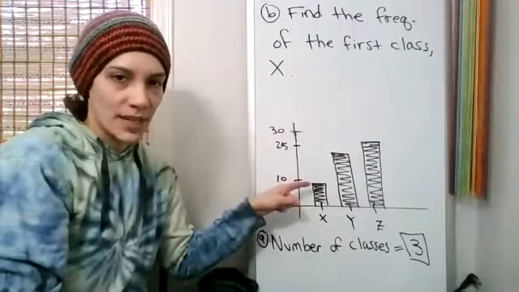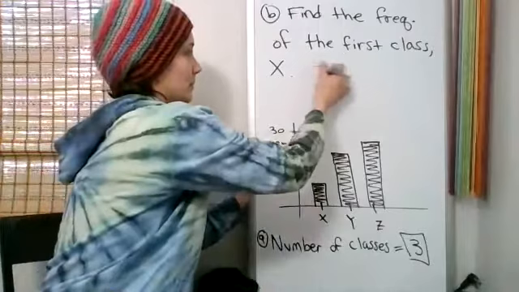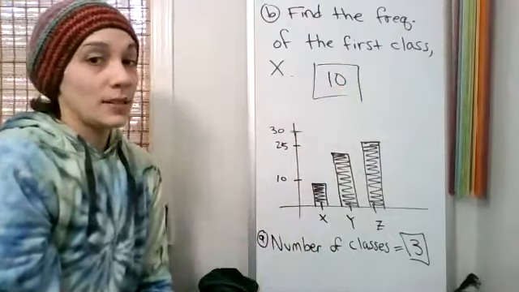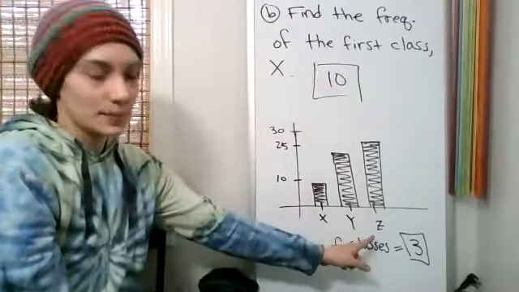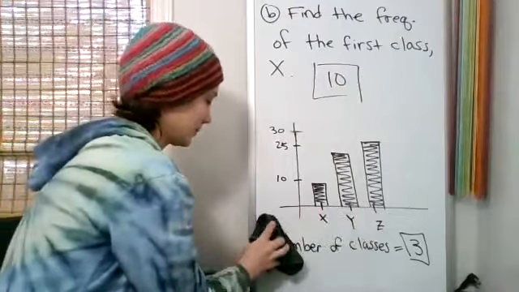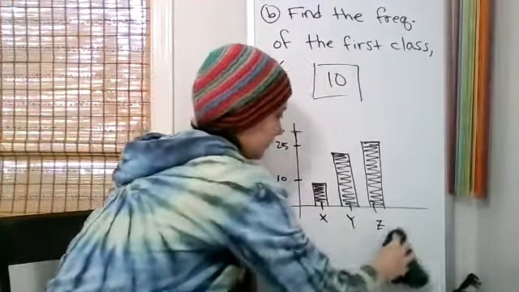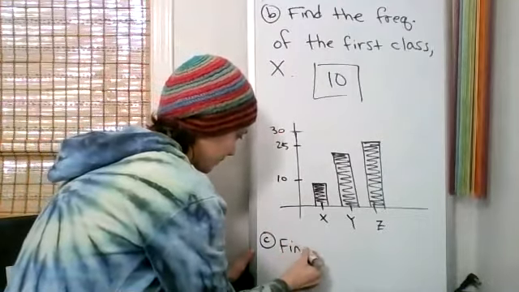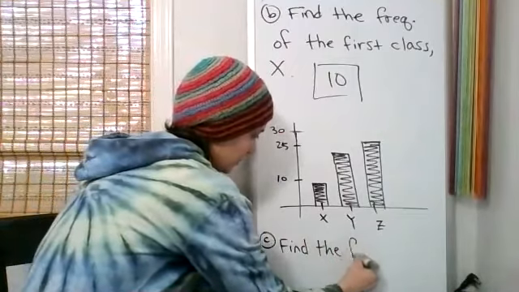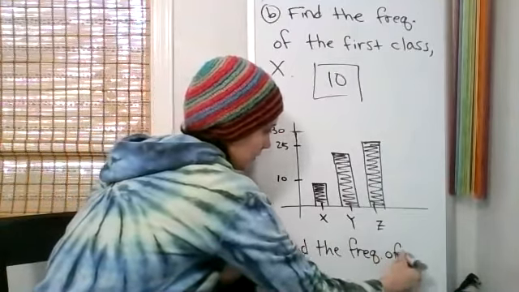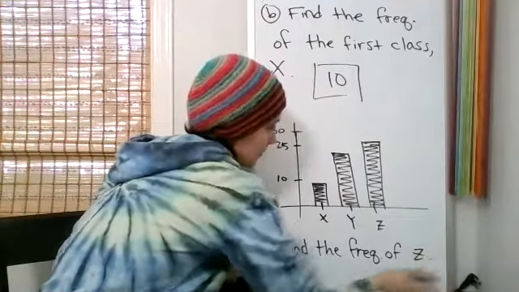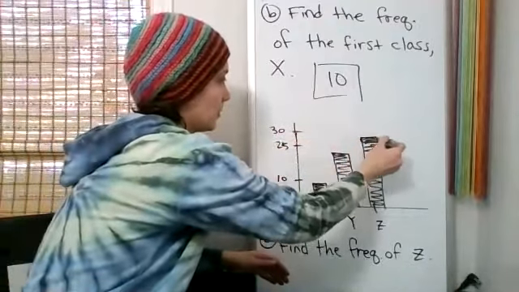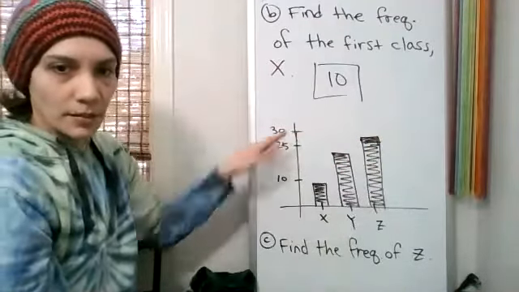We have a frequency of 10. The frequency of the last class, Z. That was that height. It goes up to 30. So that's all you put down.